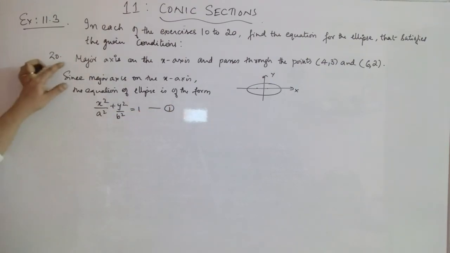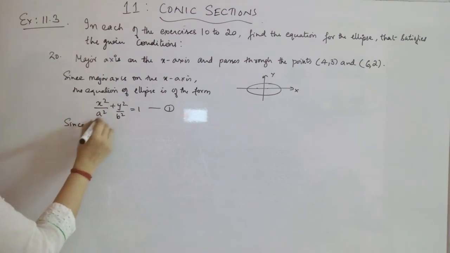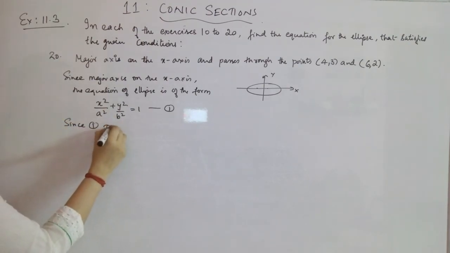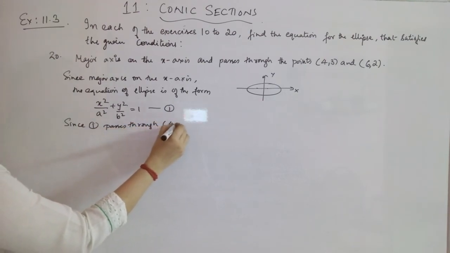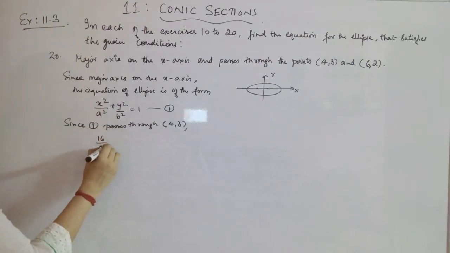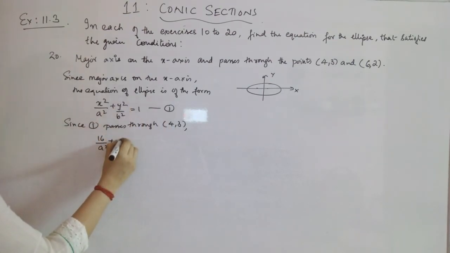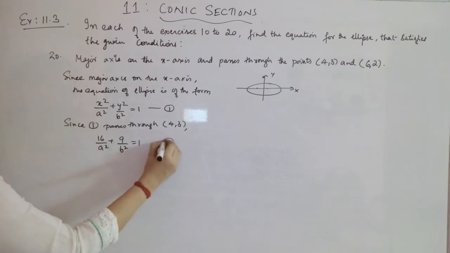Okay. Now two facts are given again. Since this ellipse passes through the point (4, 3), you will get 4 square, that is 16 by a square plus 3 square, 9 by b square equal to 1, equation number 2.